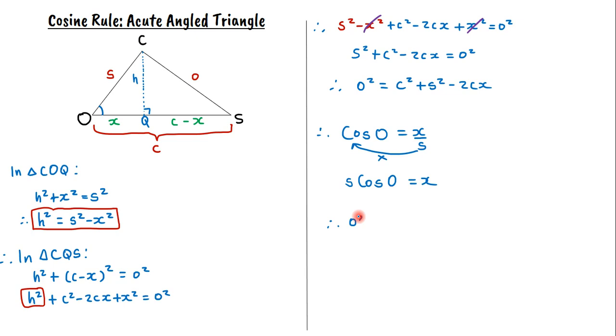Therefore o squared will then be c squared plus s squared, and then we're going to substitute that x with s cos O, and then finally when we finalize this, it will be o squared equals c squared plus s squared minus 2cs cos O. All right, and that is basically how we find this formula for the cosine rule in an acute angle triangle.